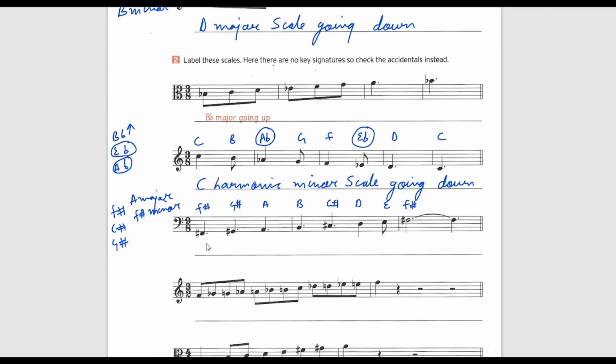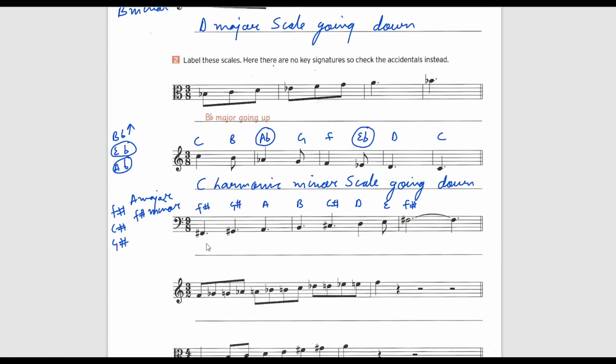So if you see starting on F and finishing on F, that means we are one step closer that it should be F sharp minor. Now we check if there is any other accidental. There is no other accidentals except these ones. So that means we have confirmed that this is our F sharp minor scale going up.